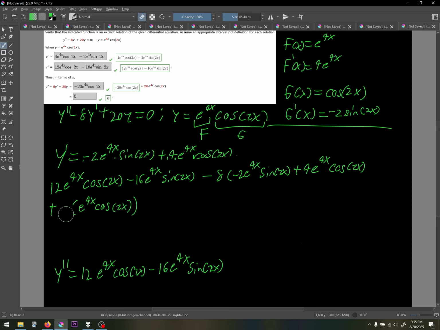So we're going to start off, this one's going to be really easy. 20e to the 4x cosine 2x. But let's do this. Negative 8 times negative 2. That's going to be 16e to the 4x sine 2x, which cancels out with this.